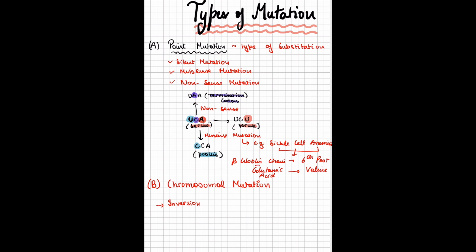Now, why is this important? Glutamic acid is a polar amino acid, whereas valine is a non-polar amino acid. So the globin chain that is formed, under oxidative stress, will produce changes in the membrane of RBC. Thus, these RBCs will form a sickle shaped form.